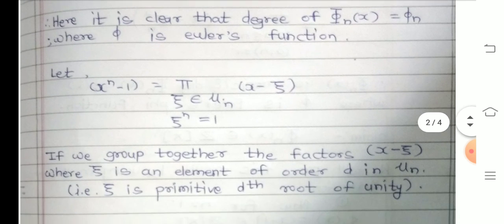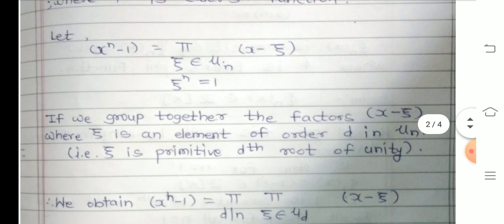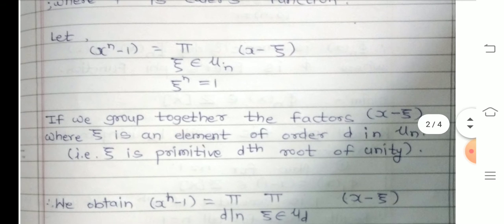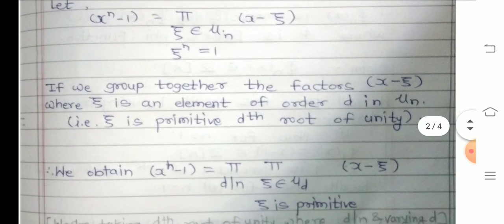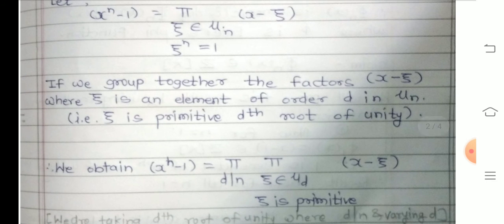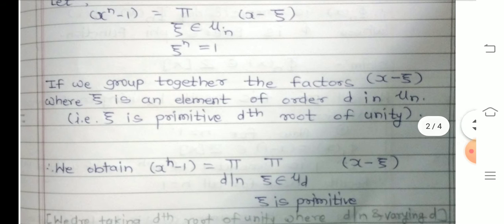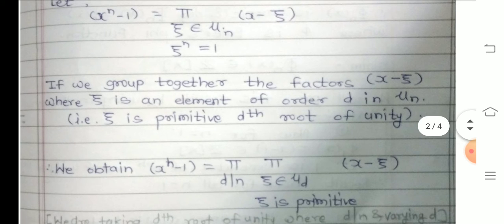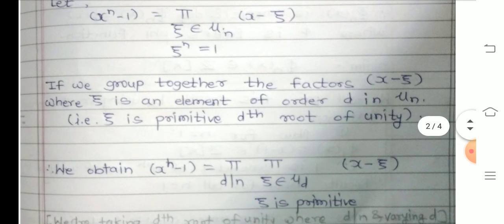If we group together the factors x − ξ, where ξ is an element of order d in U(n), the group of nth roots of unity, then we obtain x^n − 1 equal to the product over d dividing n of the product over ξ belonging to U(d), ξ primitive, of (x − ξ).